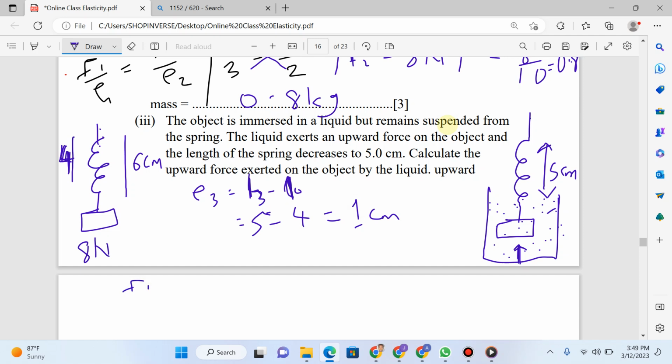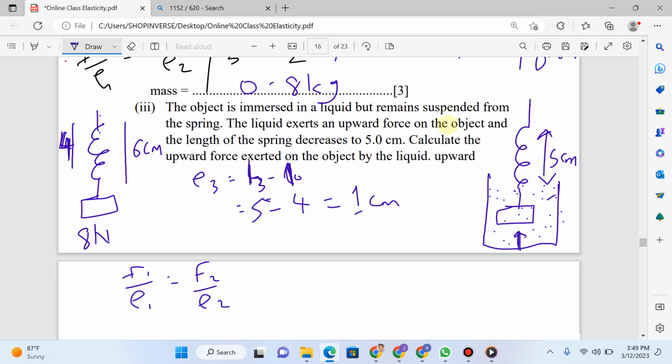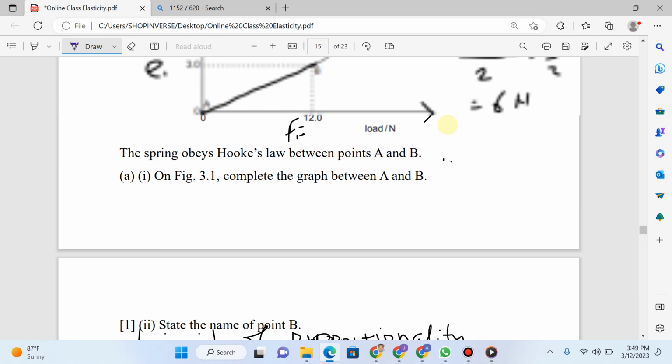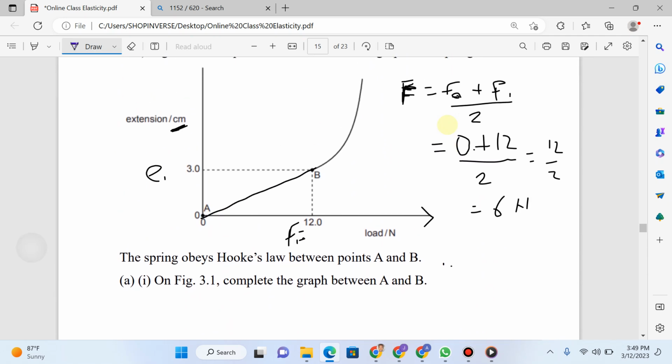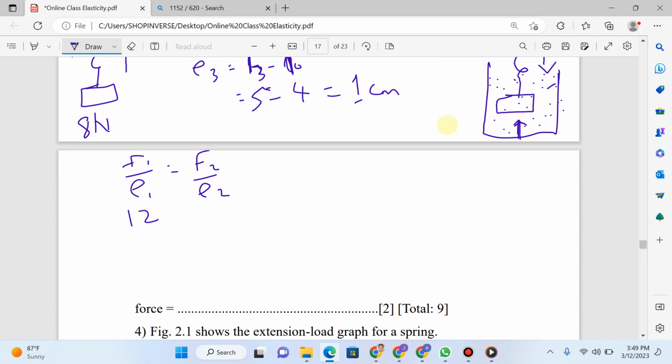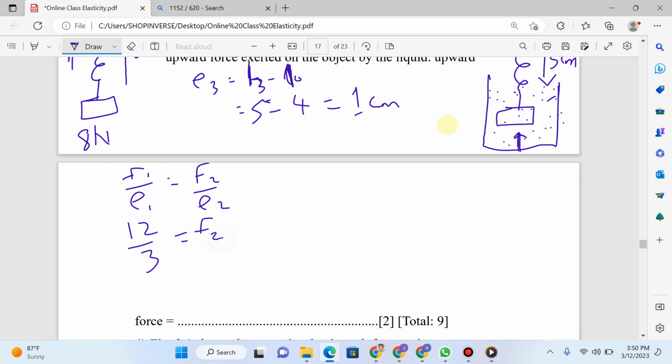F1 over E1 equals F2 over E2. What is F1? We already have F1 as 12 and E1 as 3 cm. So we have 12 over 3 is equal to F2 over the extension we have here, which is 1.